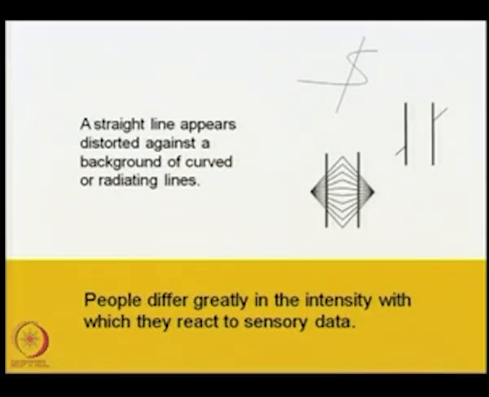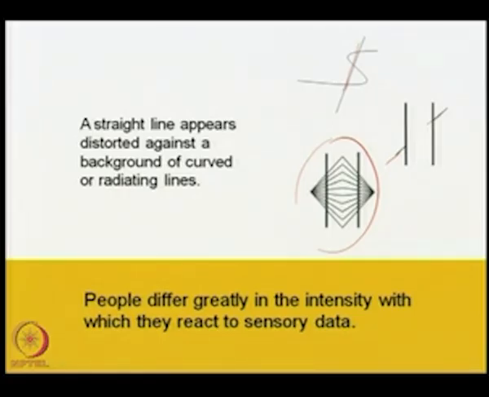Like a straight line appears distorted against a background of curved or radiating lines. Like here, this line, when it cuts these two parallel lines, does not give you a straight line appearance. In this case, the two parallel lines are intersected with some radiating lines.